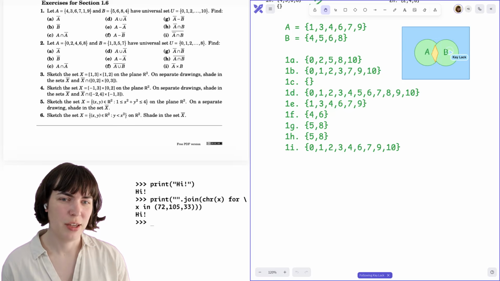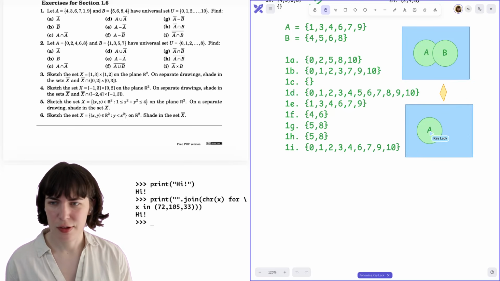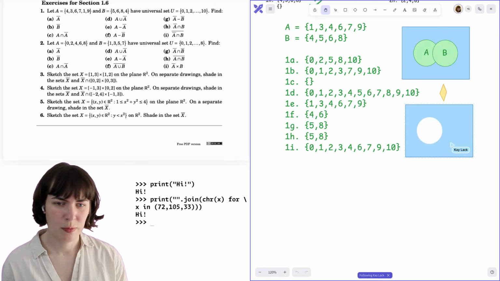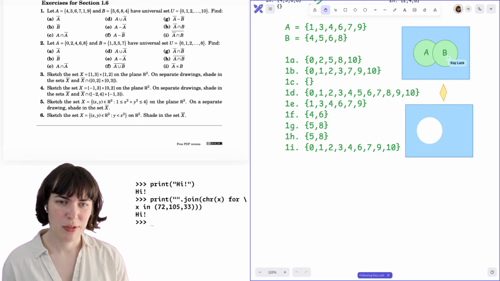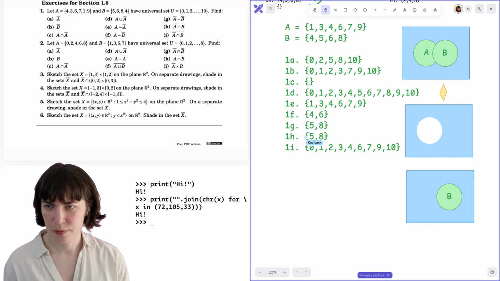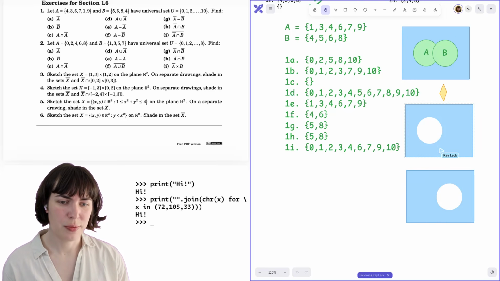And then for G, we get the cutout of this. So let's have this be white. And then we'd have the cutout of this. Let's group these.